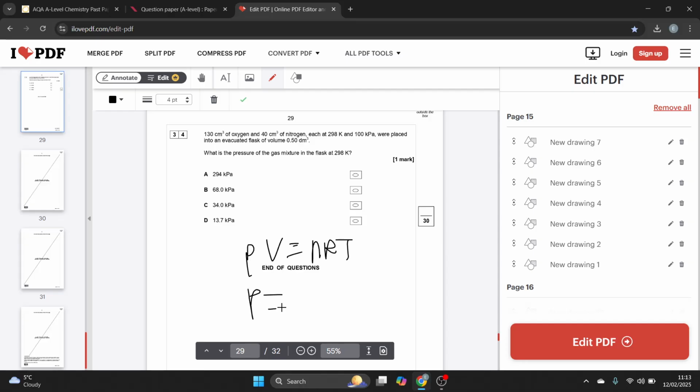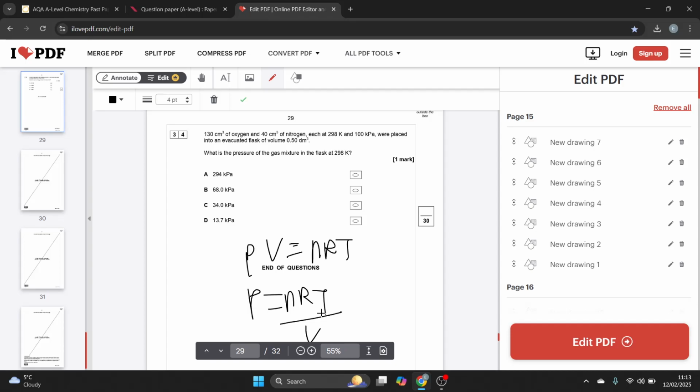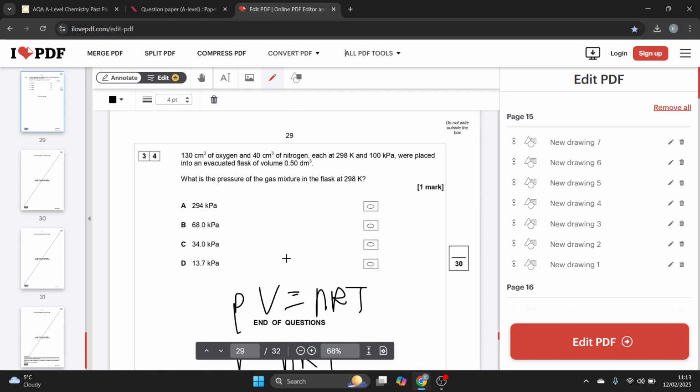So P equals nRT divided by V. And the moles, the total volume for this, not for volume, 130 centimeters cubed.